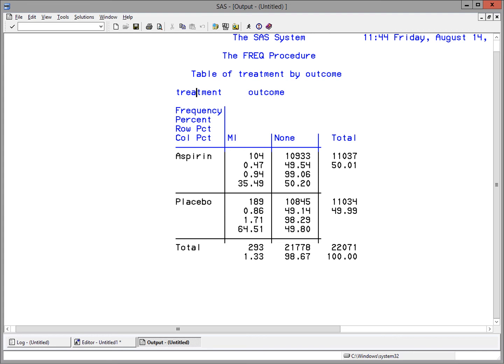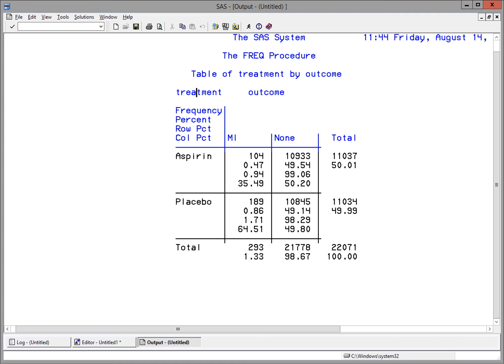Now, a lot of those numbers are not typically meaningful. So what we'll see in the next slide is that there's ways to suppress some of the information. Typically, what we're interested in is the actual frequencies, how many actual observations are in each cell. That's often nice to know and makes for some nice descriptive statistics. And then the row percents, because the row percents are actually what's being compared.